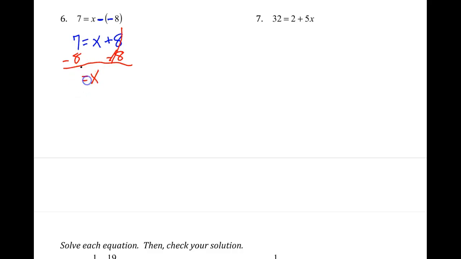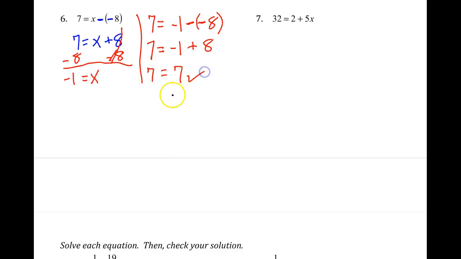X equals 7 minus 8 is negative 1. And do a check, make sure it's correct. So negative 1 minus a negative 8. Negative 1 plus 8. 2 negatives make a positive once again. And then 8 minus 1 is 7. So there we go.